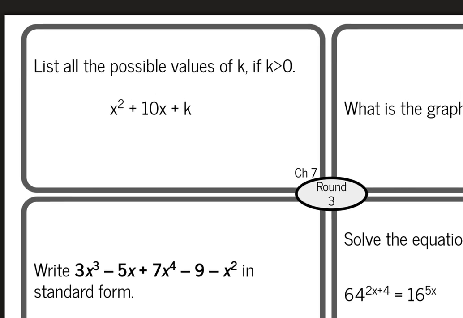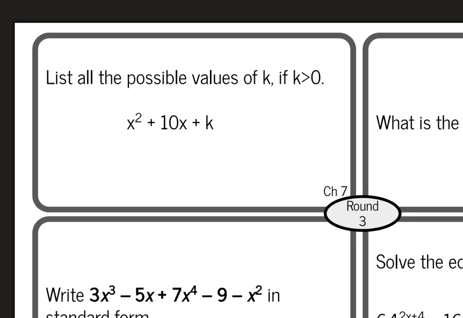Listing all the possible values of k, if k is greater than 0, we have been doing this x thing, so it would be a times c, which is just k in this scenario, because k is actually a number and a is 1. And then b is going to be 10. The idea is what type of factors could possibly combine to make 10.